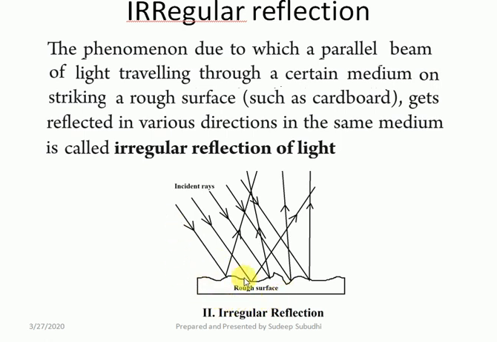The angle of incidence and so the angle of reflection varies from point to point as the surface is not perfectly smooth. So the laws of reflection are applicable to all types of reflecting surfaces.